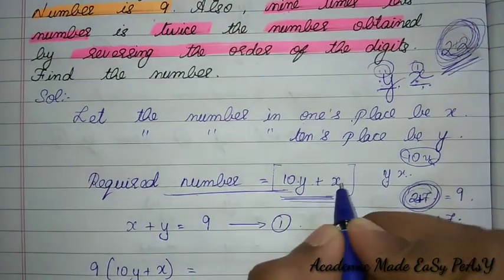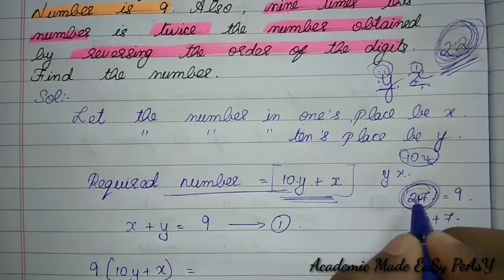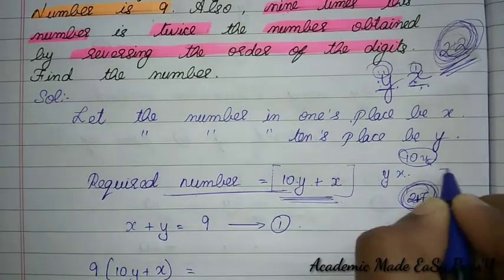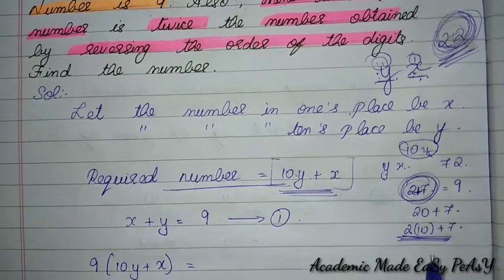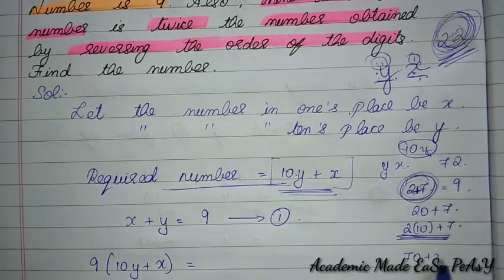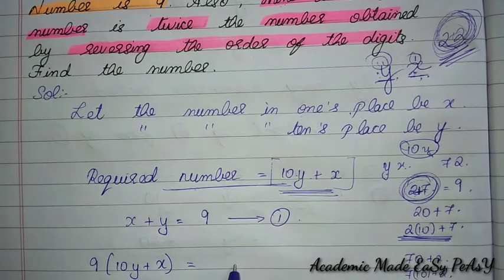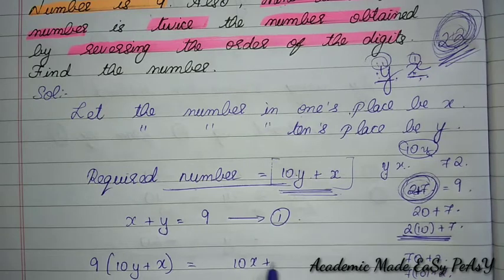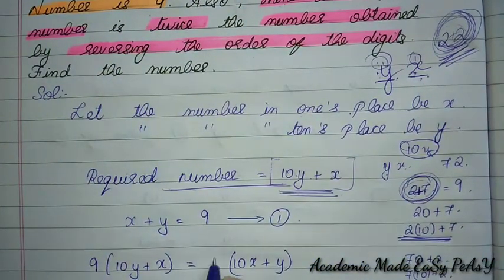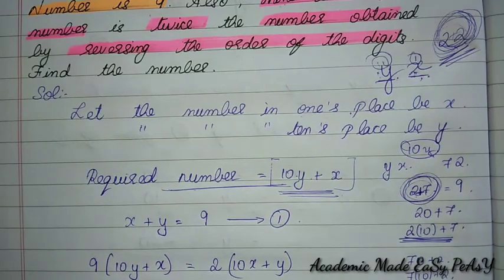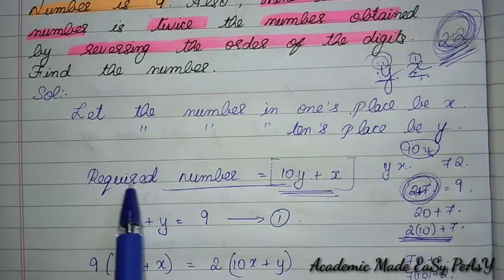It is 10x plus y. So the reversed order for 27 is 72. So this should be written as 70 plus 2, that is 7 into 10 plus 2. Yes, so I will be just writing this. So 10x plus y. So twice the number obtained. So 2 times.